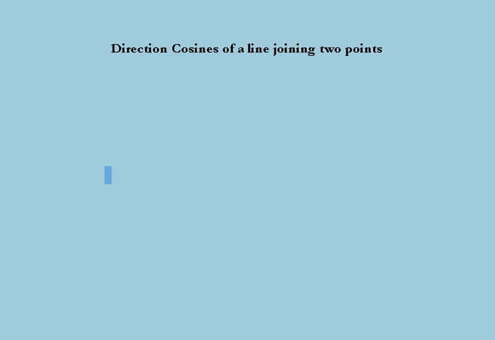Next we are going to discuss the direction cosines of a line joining two points. Let us suppose the two points to be P and Q, with P having the coordinates x1, y1, z1 and Q having the coordinates x2, y2, z2.